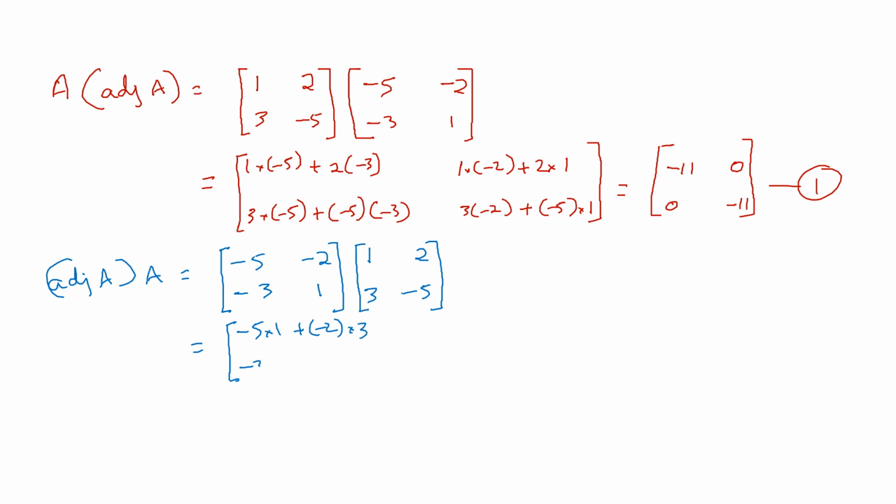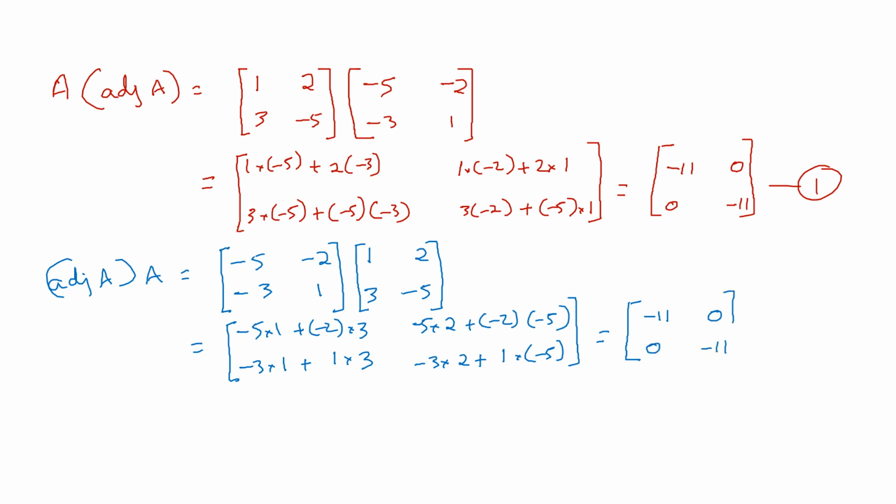Similarly, minus 3 into 1 plus 1 into 3. The second column: minus 5 into 2 plus minus 2 into minus 5. Similarly, minus 3 into 2 plus 1 into minus 5. When you solve this, you will get [minus 11, 0; 0, minus 11]. You call this equation 2.